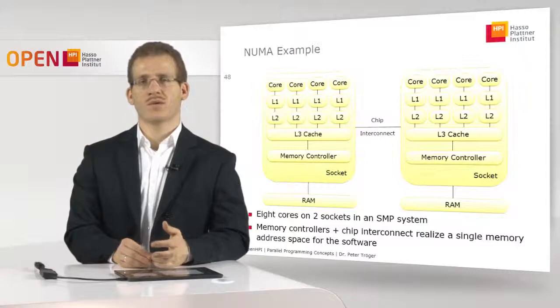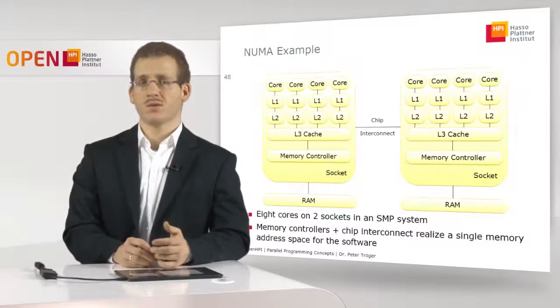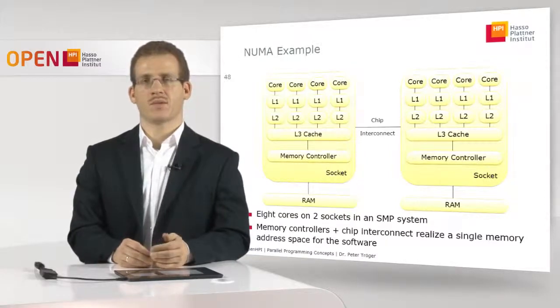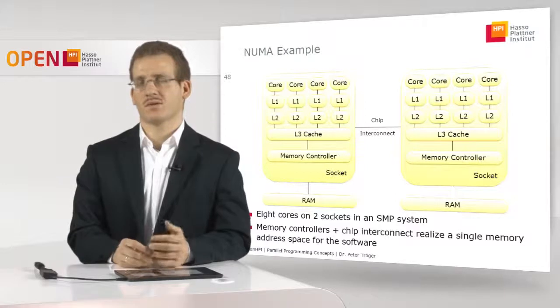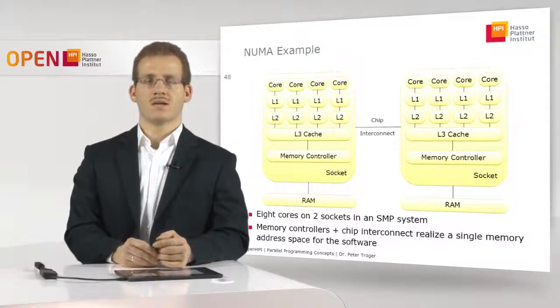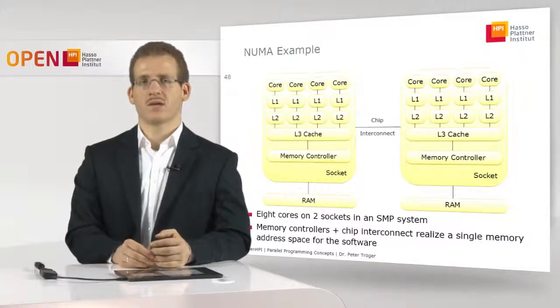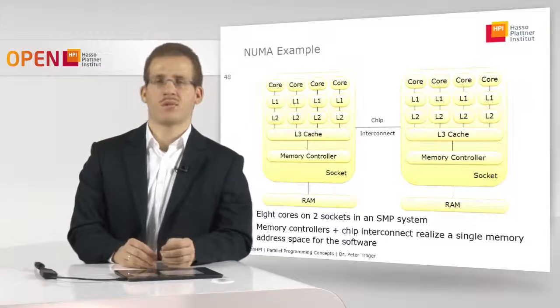Whenever one of the cores is accessing memory, it either accesses its own memory attached to its own socket, or it accesses the memory attached to the other socket or other sockets in the system. And the hardware transparently performs this memory access over the chip interconnect in order to deal with the other memory module.